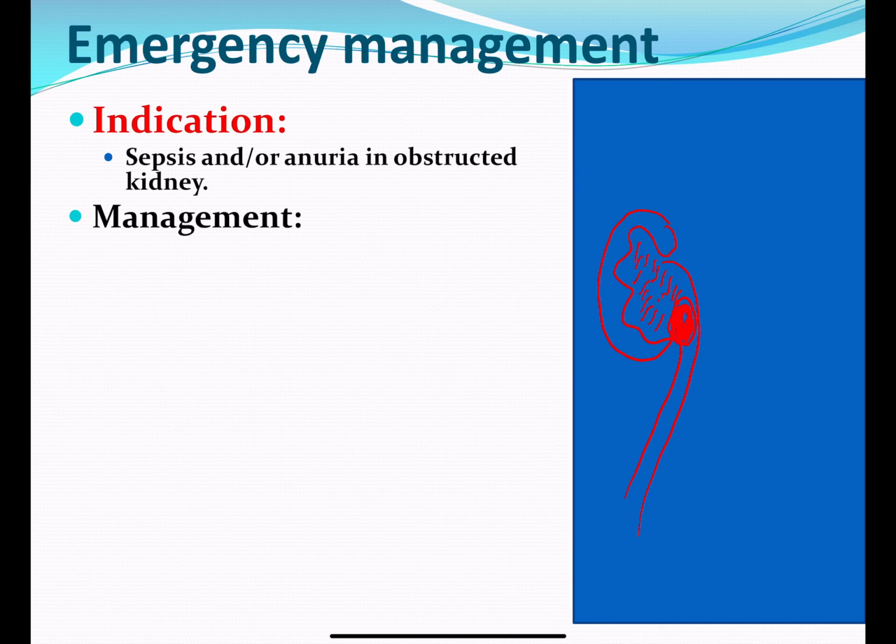So an infected, hydronephrotic kidney with high fever needs immediate management to relieve the obstruction. Or sometimes both kidneys can be obstructed, or a patient having a single kidney can get obstructed, such that the patient will have no urine or very severely reduced urine production. This is known as anuria.